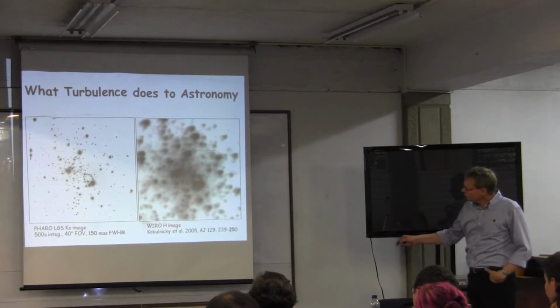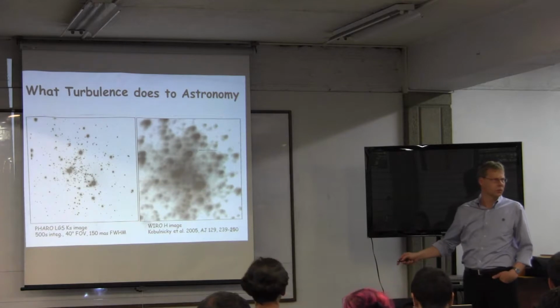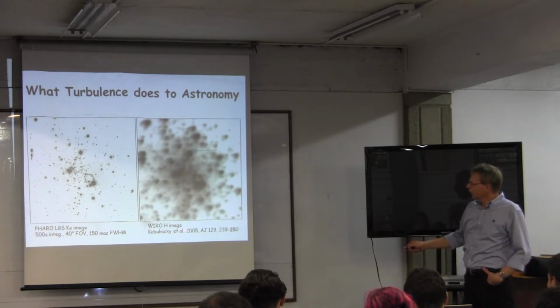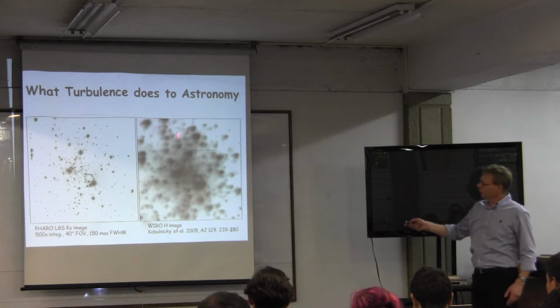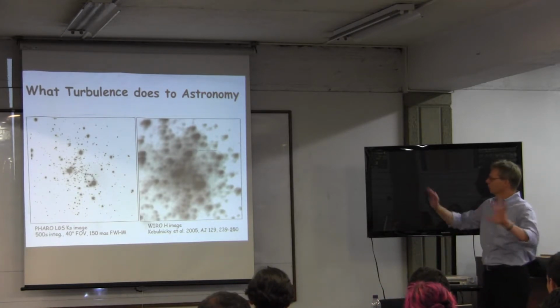In this case, this was Wisconsin, I think, infrared observatory. So this is an image taken at 1.6 micrometers of the star cluster, with no correction for atmospheric turbulence.